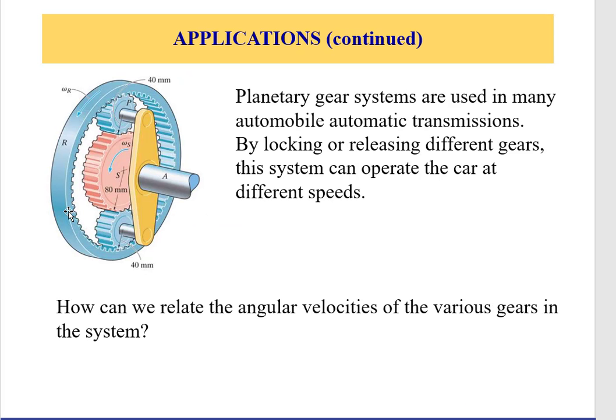Another application of the velocity analysis is the planetary gear system, which is used in almost every automobile automatic transmission, where the gear ratio can be changed by locking the gear at different ratios, leading to having different speeds.